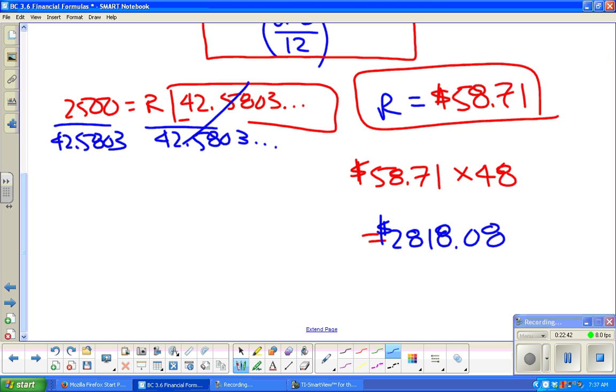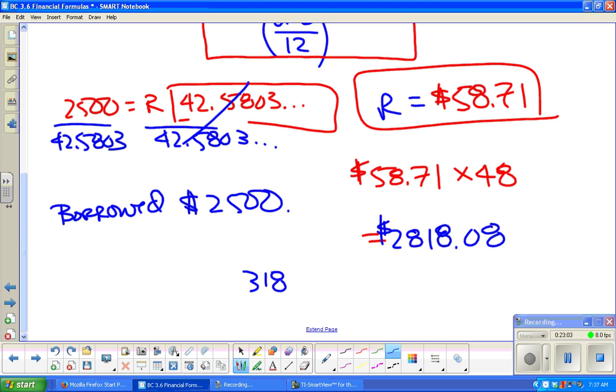So quick little backtrack here. We borrowed 2,500 bucks. We spent 4 years paying it back, and we actually paid $2,818. We paid an extra $318. So that $318 is money that the bank made.